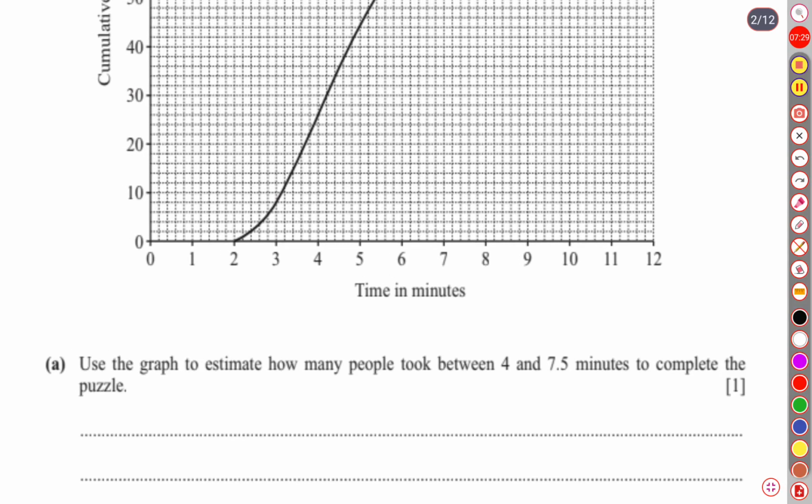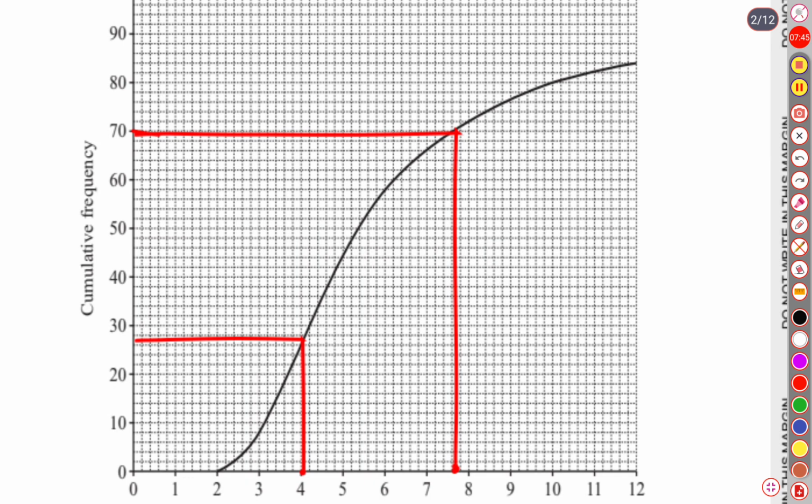So 4 minutes to 7.5 minutes. 4 minutes is over here, and 7.5 minutes will be over here. The number of students who took less than 4 minutes, let it be 27.